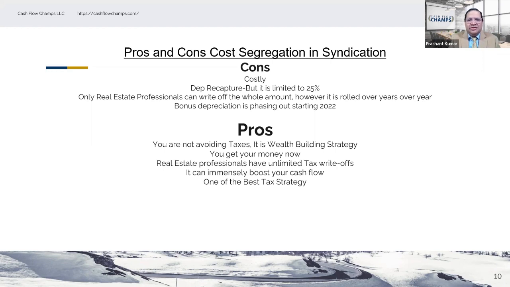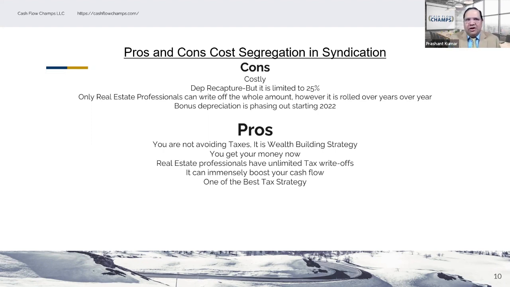I'm not a tax advisor or accountant, but I have used it. That's why folks who do real estate and become real estate professionals keep on deferring their taxes for unlimited time, and they have the cash flow. And even if they sell a property and buy another one, then 1031 comes in, and things like that.